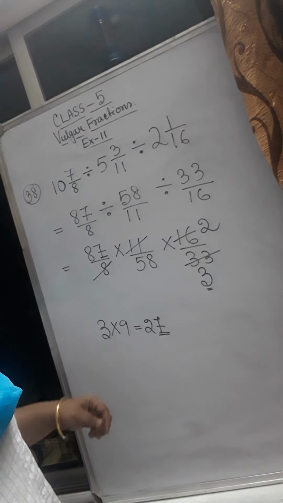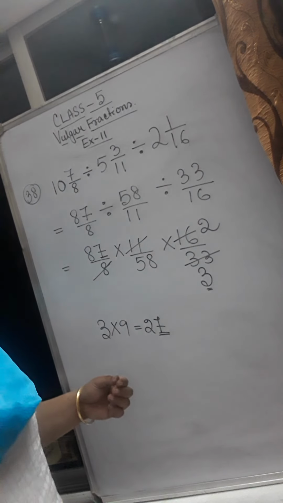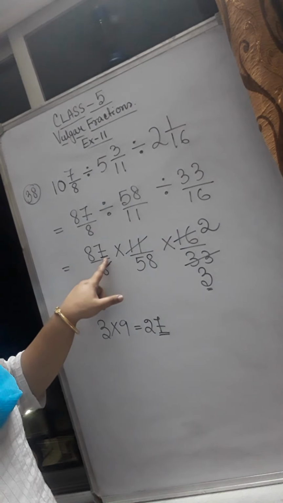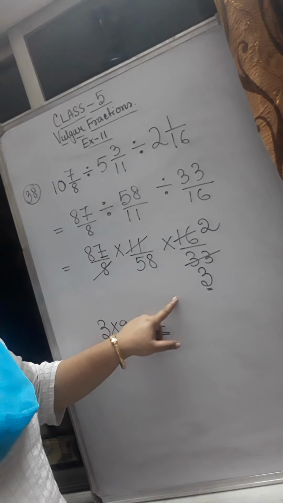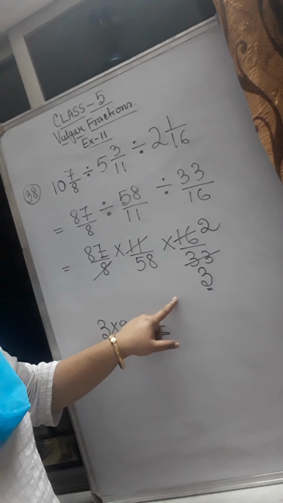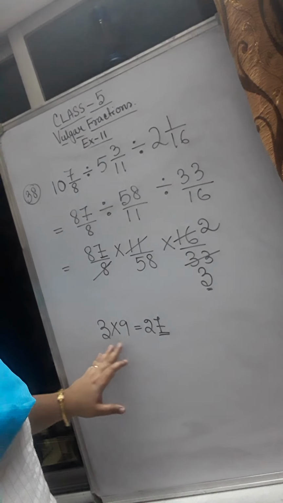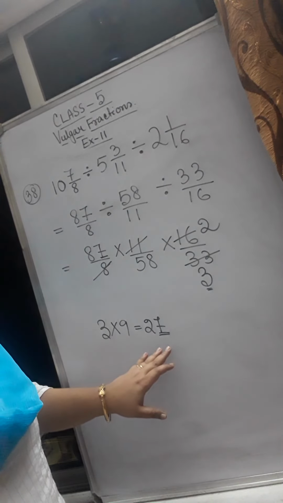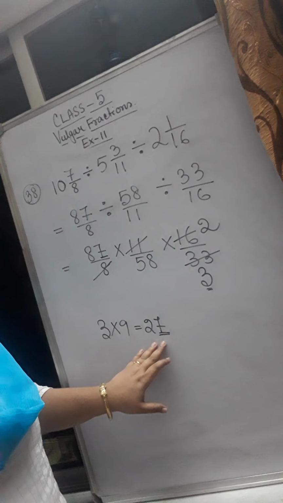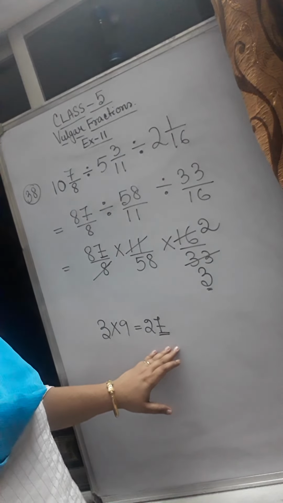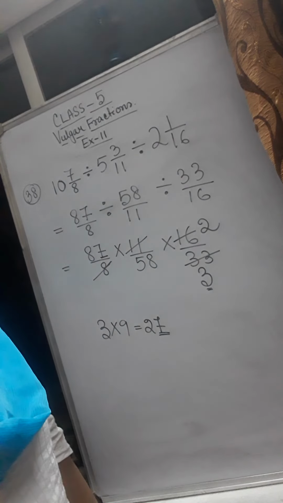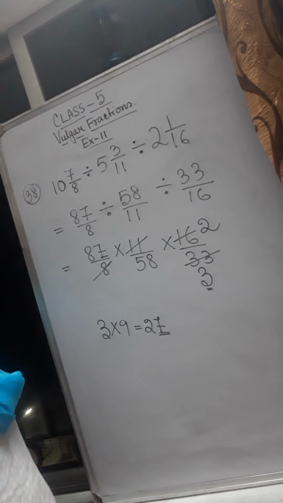Again I am telling you. First we will check that if 7 is the last digit, whether it is divisible by 3 or not. So in order to check that, I have to multiply 3 with something that gives me 7 at the last digit. So when I multiply 3 by 9, I get 27, and 7 comes as the last digit.